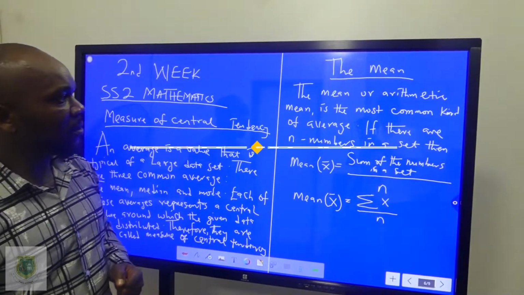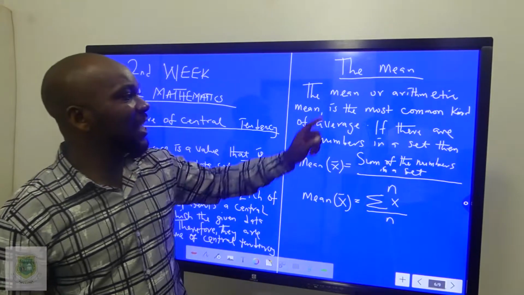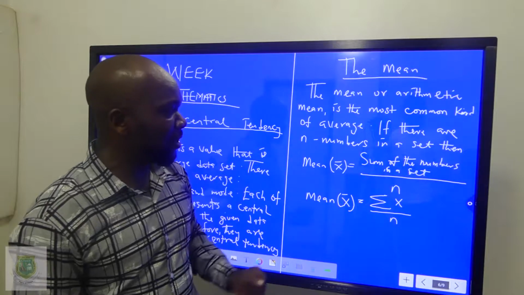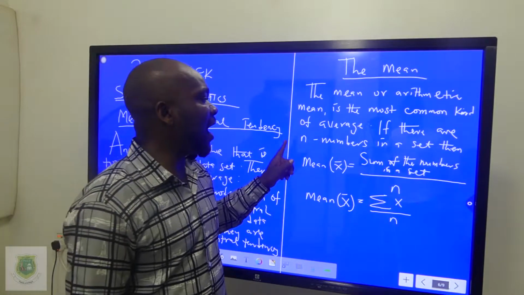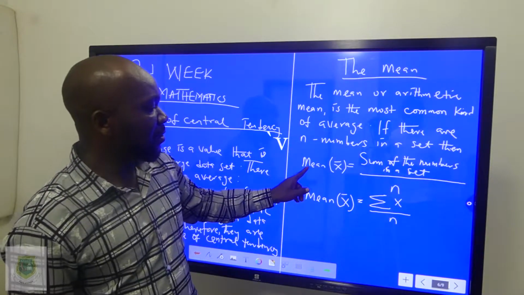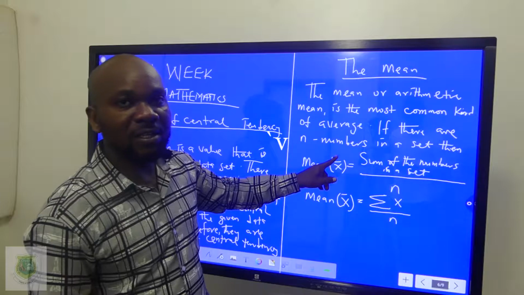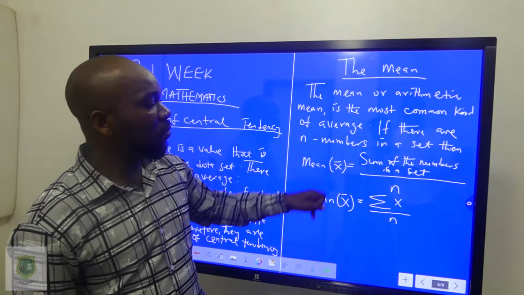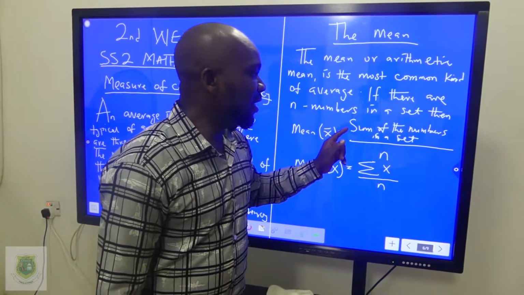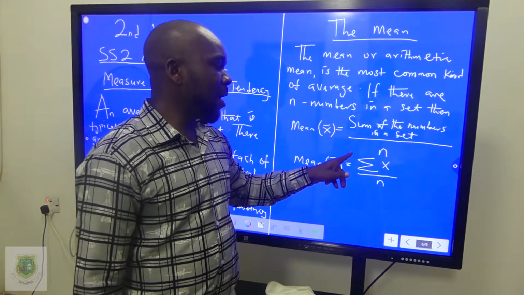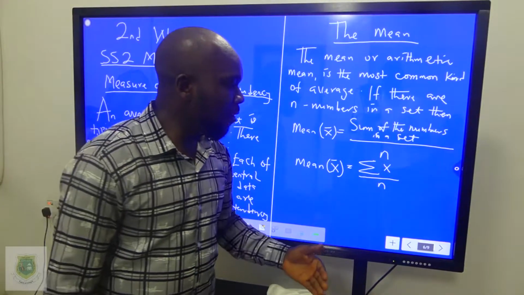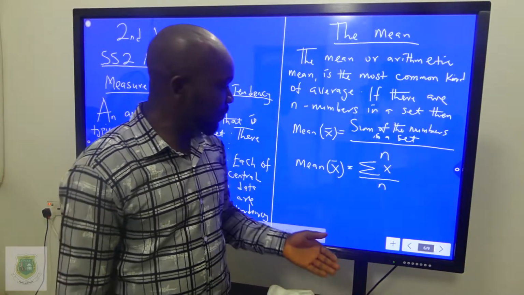Look at the mean. The mean, or arithmetic mean, is the most common kind of average. If there are n numbers in a set, then the mean, whose symbol is x bar, equals the sum of the numbers in the set divided by n. n stands for the number of elements in that set.